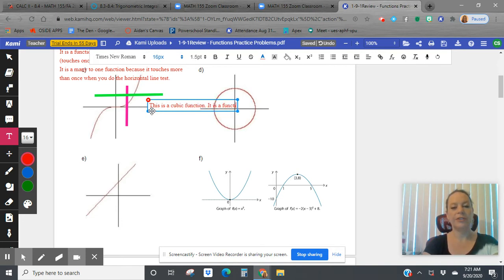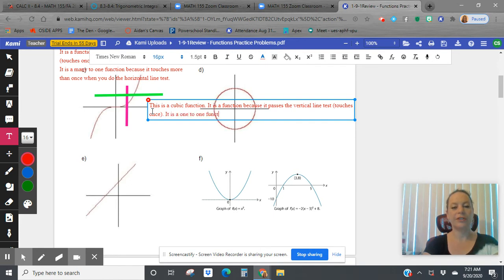It is a function because it passes the vertical line test. It is a one-to-one function because it touches only once on the horizontal line test.